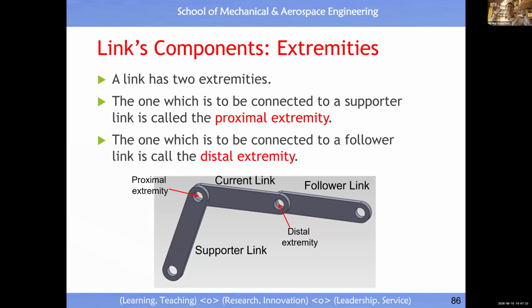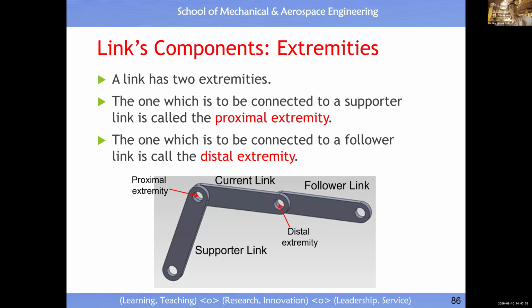An important parameter is the two extremities. You have one closer to the base link and another far away from the base link. The one closer to the base link we call the proximal extremity. The other one is the distal extremity. Now you can ask yourself, where to attach the coordinate system to a link? Is it the proximal extremity or the distal extremity?